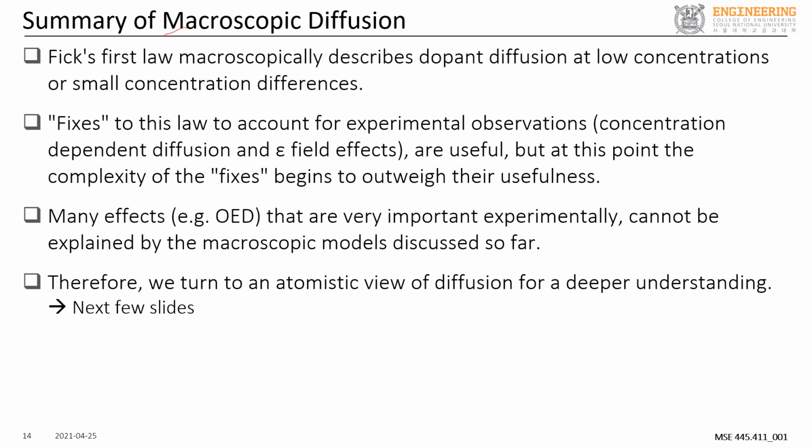So we talked about macroscopic diffusion. The first law basically assumes the diffusivity is constant, and that's valid when the concentration is low or the concentration gradient is low.